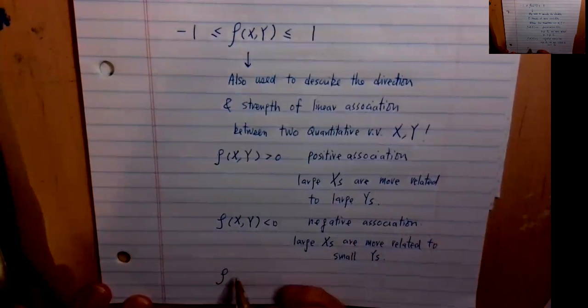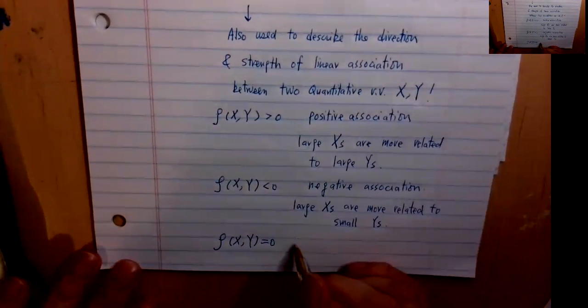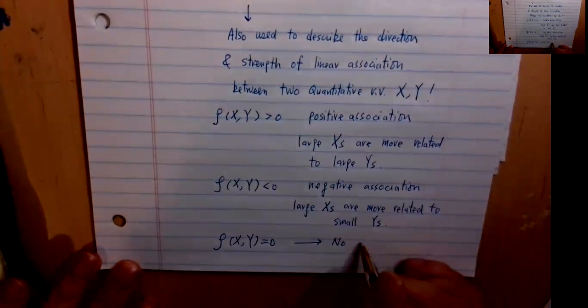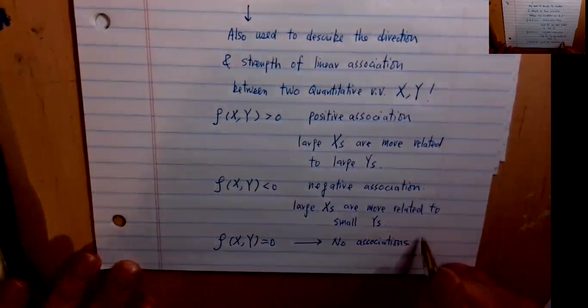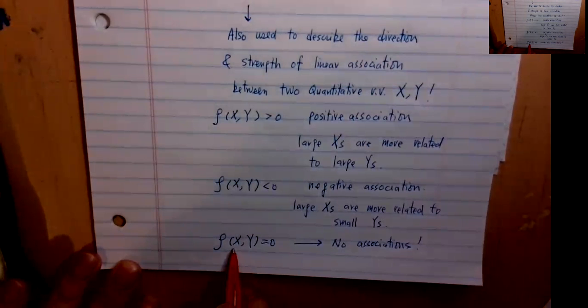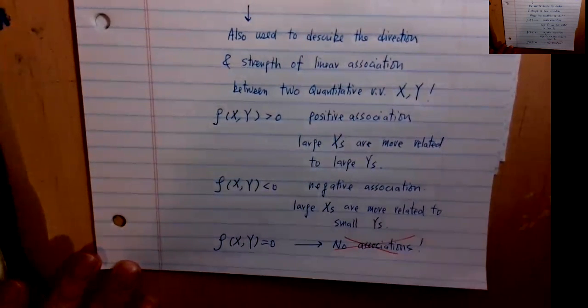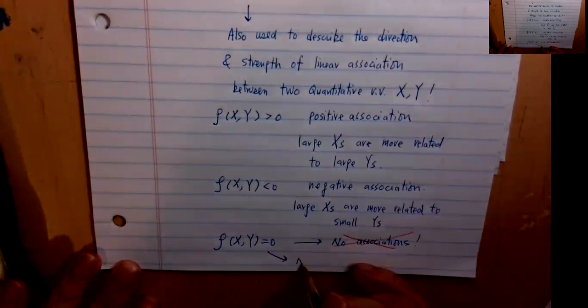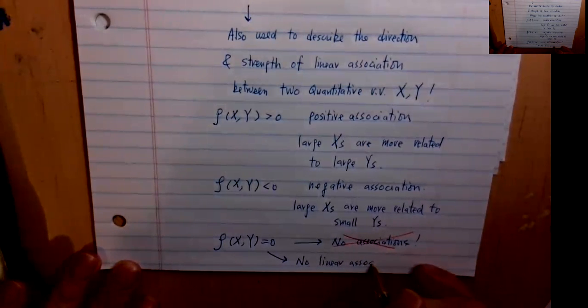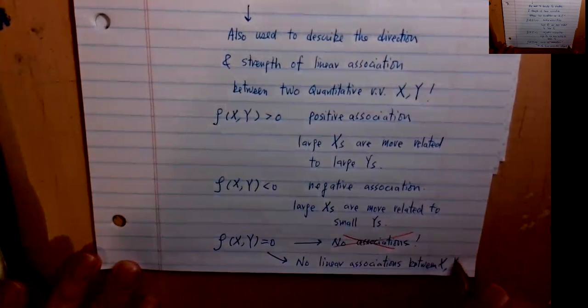And rho of x and y equal to 0. Remember, you can never say no association. This is wrong, because this only measures linear association. What you can say is no linear association between x and y.